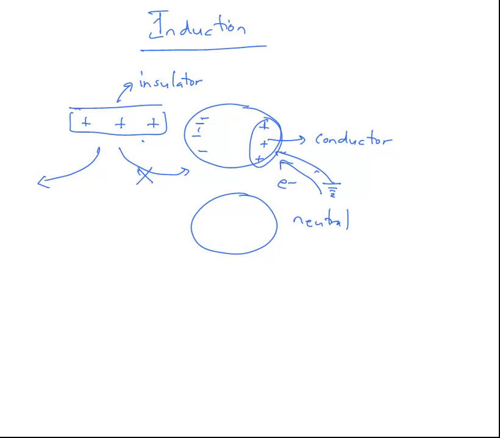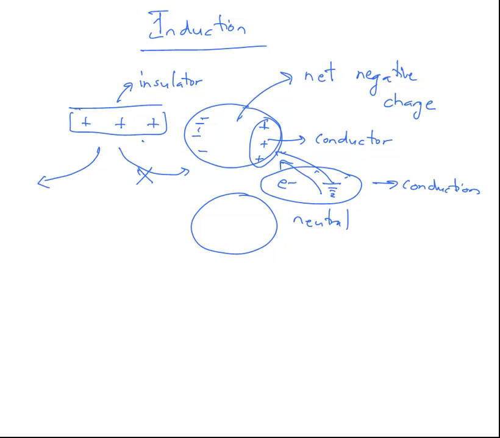Now note that what is happening here is conduction, because an actual transfer of charge has taken place from the earth to the body. And now, after this has happened, your body will have a net negative charge because of the addition of these electrons.